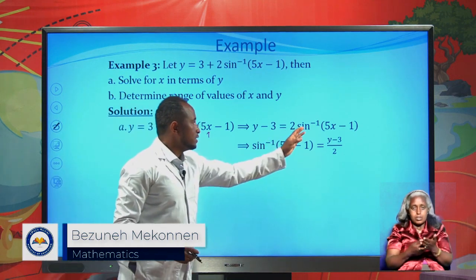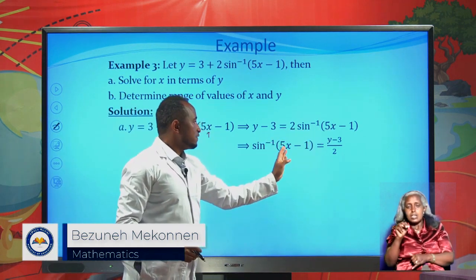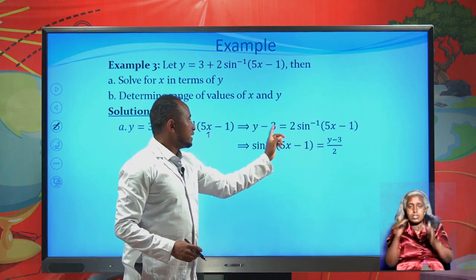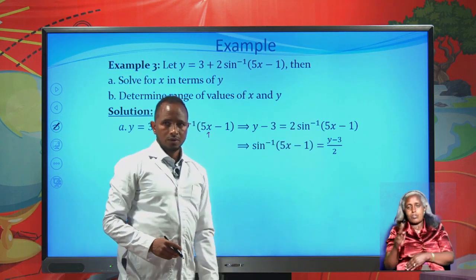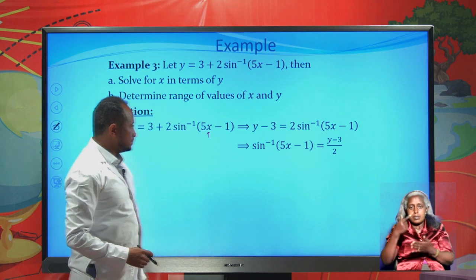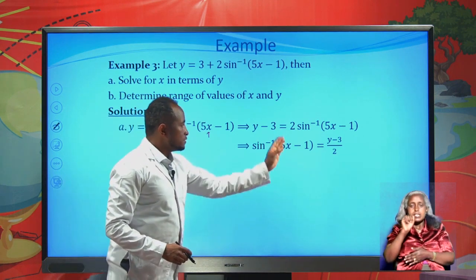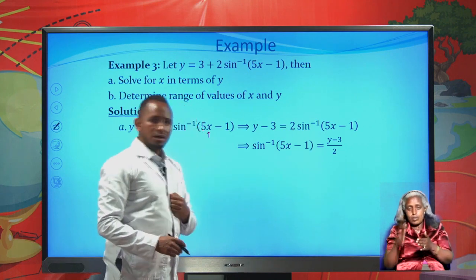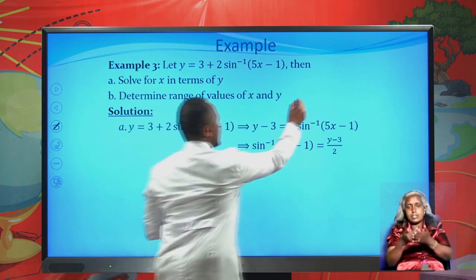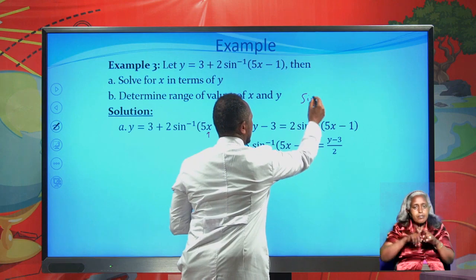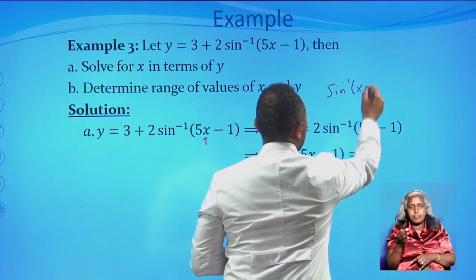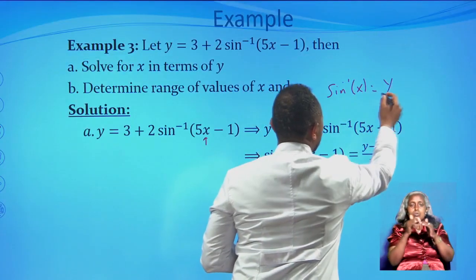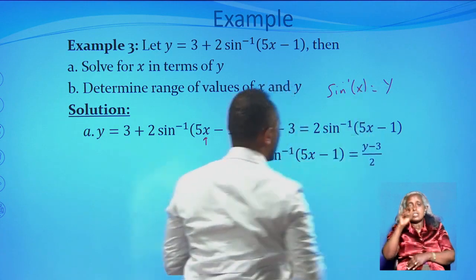When you divide by 2, sine inverse of 5x minus 1 gives you y minus 3 over 2. And then sine inverse of this means sine of y minus 3 over 2 gives you 5x minus 1. If you remember, sine inverse of x is equal to y means sine y gives you x.